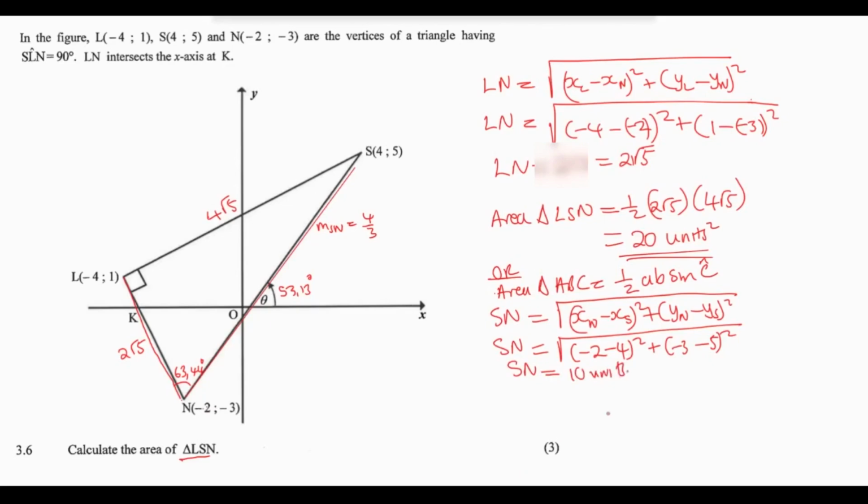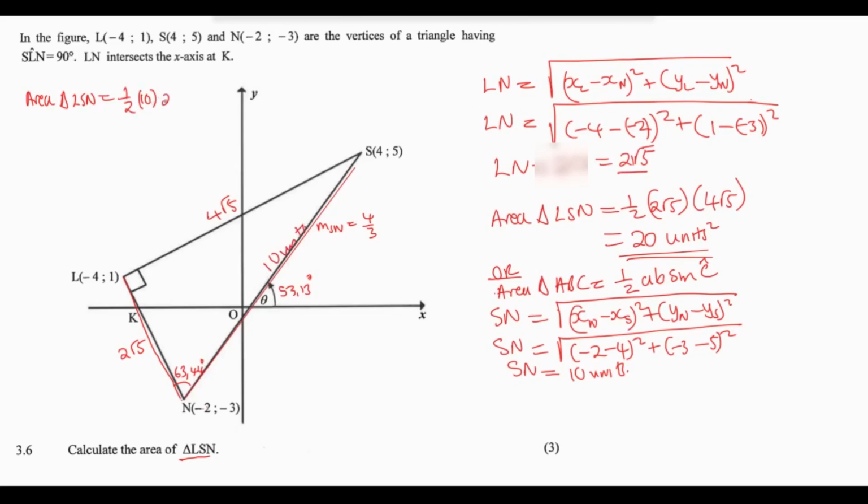Right, and then from here we can use our area rule. So area of triangle LSN is equal to half, and then we have this side 10, this is 10 units, right?